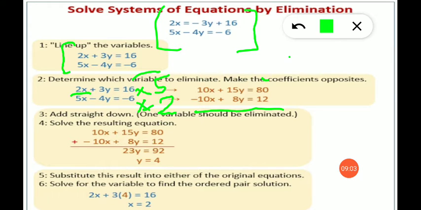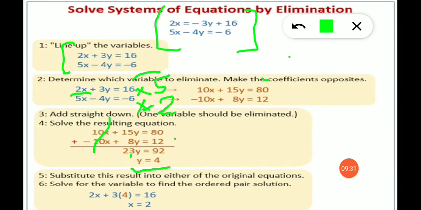Now, the coefficients are the same and of opposite sign, which means we have to add the equations. We will add both the equations, and after adding, the 10x cancel, 15y plus 8y is 23y, and 80 plus 12 is 92, it is equal to, and on solving y is equal to 4, we got the solution.